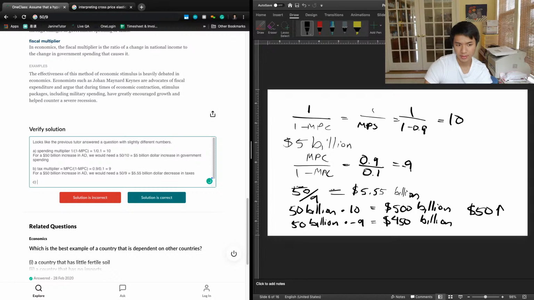And C says spending multiplier minus tax multiplier is equal to 10 minus 9, equal to 1.